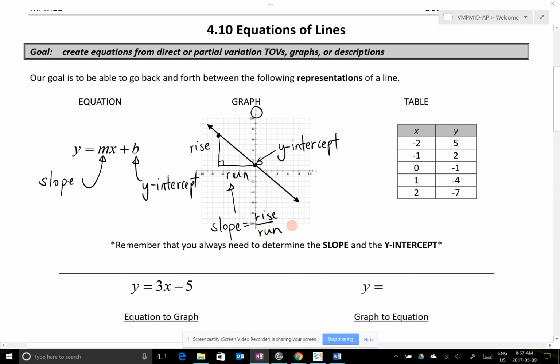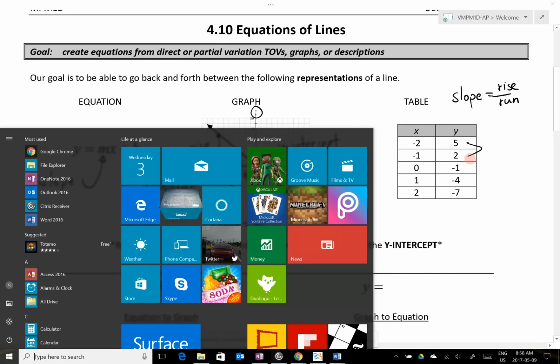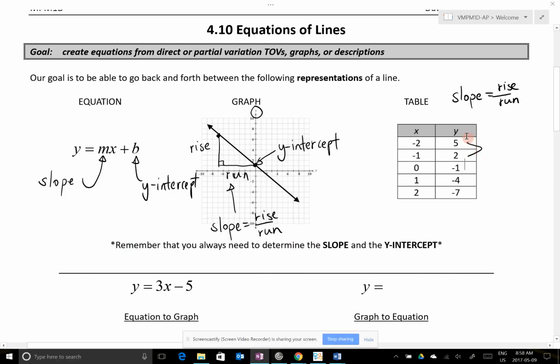In a table form of a linear relation, if you're looking for the slope, we're looking at the change in the y value over the change in the x value, so the rise over the run. The change in the y values is our rise, going from this y value up to that y value. The change in our y values here, from 5 to 2, is a drop of 3, so the rise is minus 3.